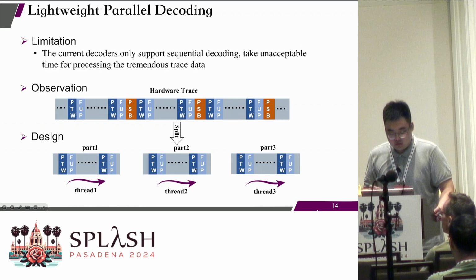However, the current decoders only support sequential decoding, which takes unacceptable time for processing the huge trace data. We observed that there are many synchronization point packets, called PSBs, in the trace data, and the data between synchronization points is independent. Therefore, we partition the trace data at these PSB packets and assign a decoding thread to each partition.